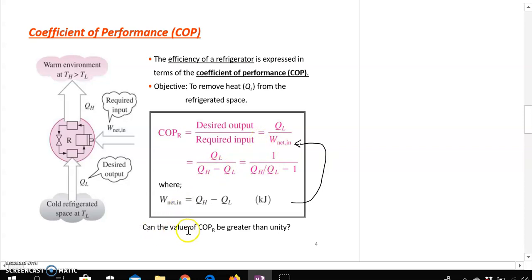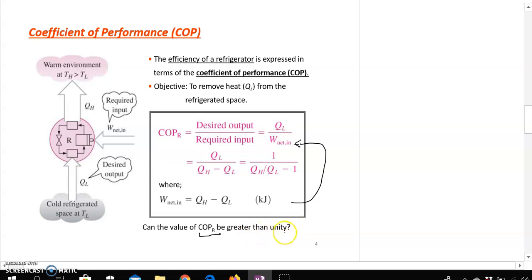Can the value of COPR be greater than unity? The answer is yes, it can. Remember that COPR is not the same as the efficiency of a heat engine. In our last topic, heat engine efficiency cannot be more than 1, but COPR can be greater than unity.